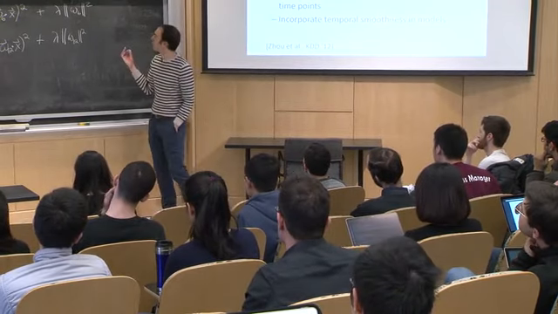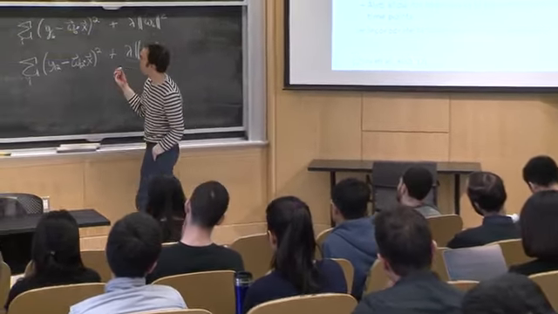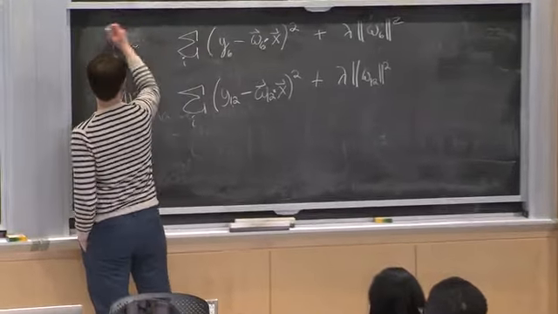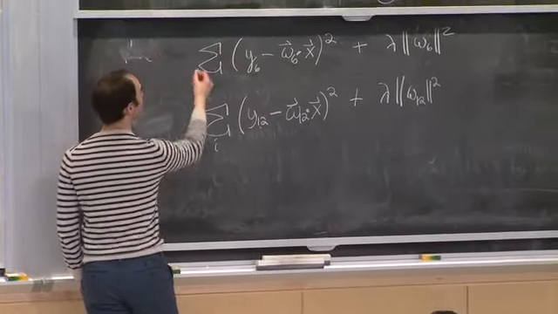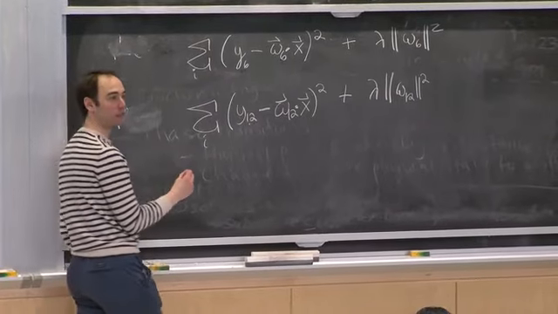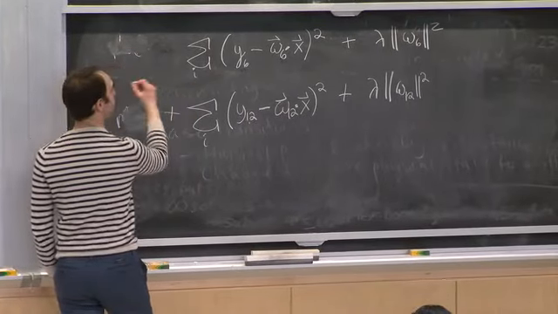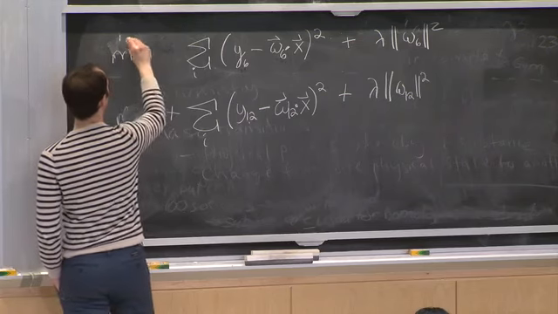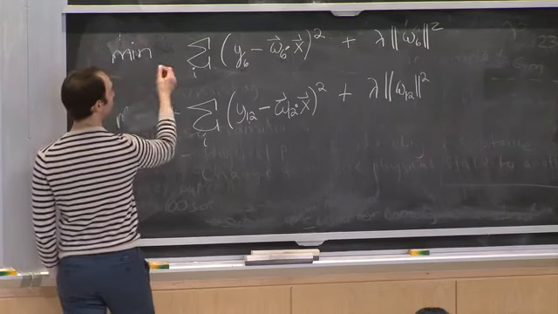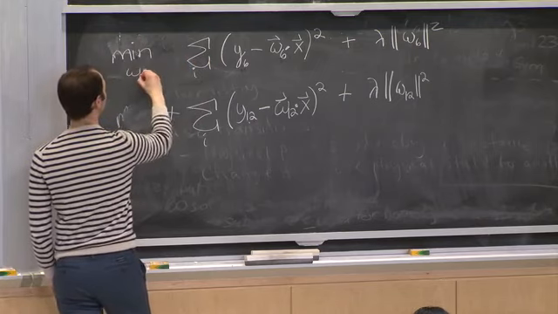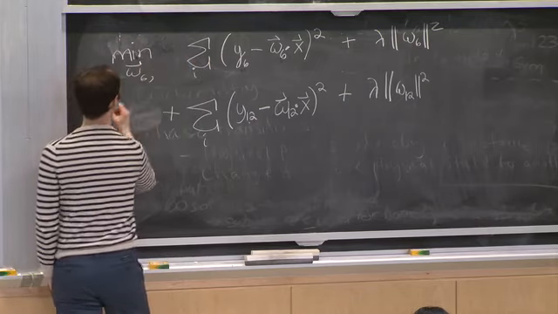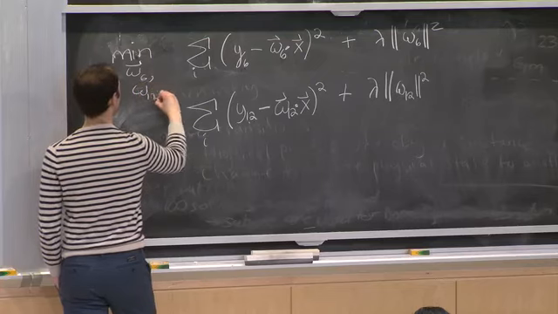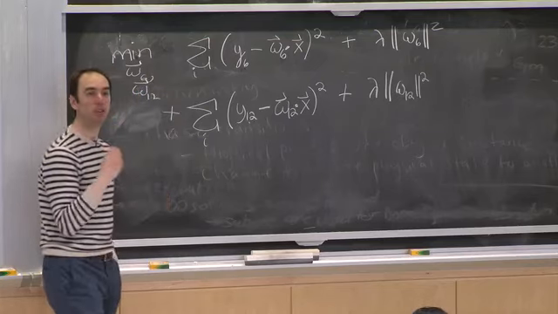Well, the simplest way to tie them together is just to say, let's first of all add these 2 objective functions together. And now instead of minimizing each one separately, we're going to minimize over the 2 weight vectors jointly. So now we have a single optimization problem.